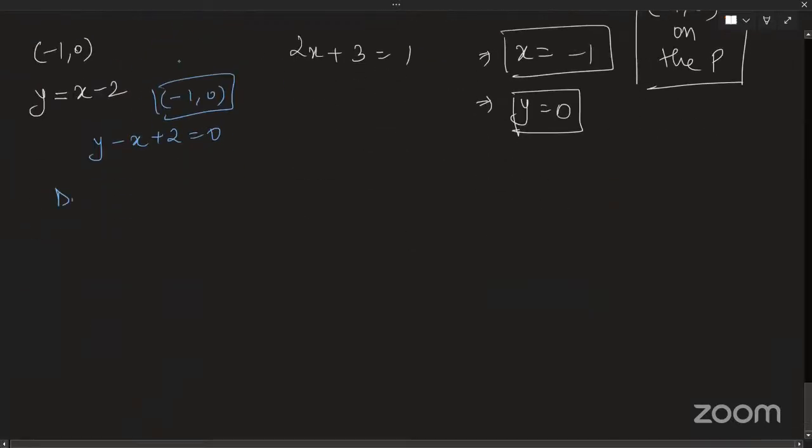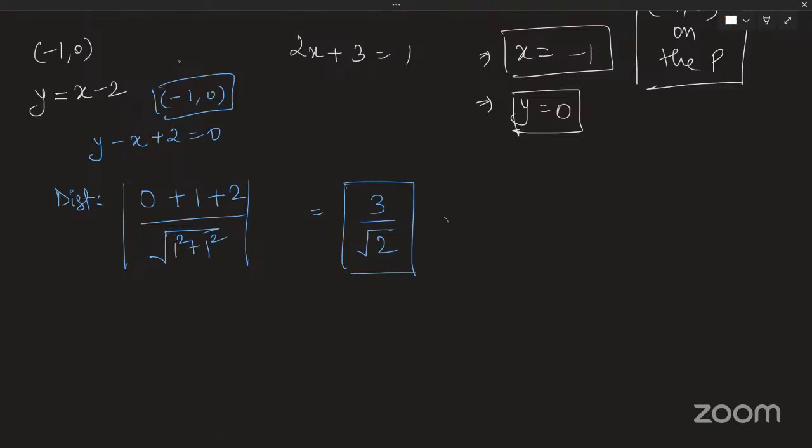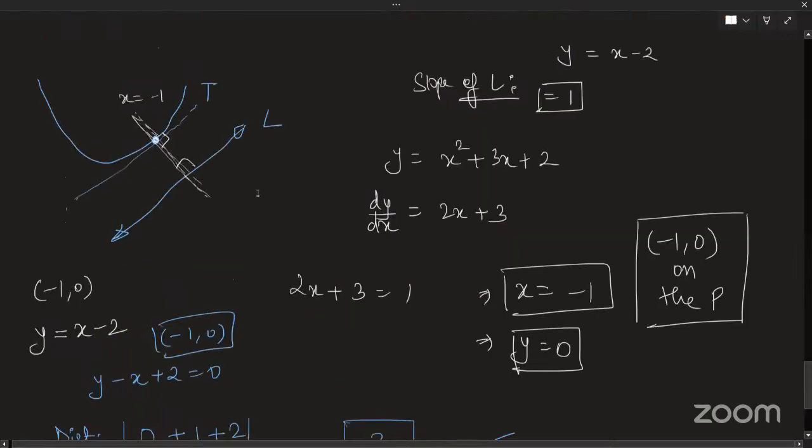It is mod of (a x naught plus b y naught plus c) divided by square root of a square plus b square. So it's the mod of 0 minus (-1) plus 2, divided by square root of 1 square plus 1 square. So it will be 3 by root 2. This is my final answer. 3 by root 2 is the minimum distance.